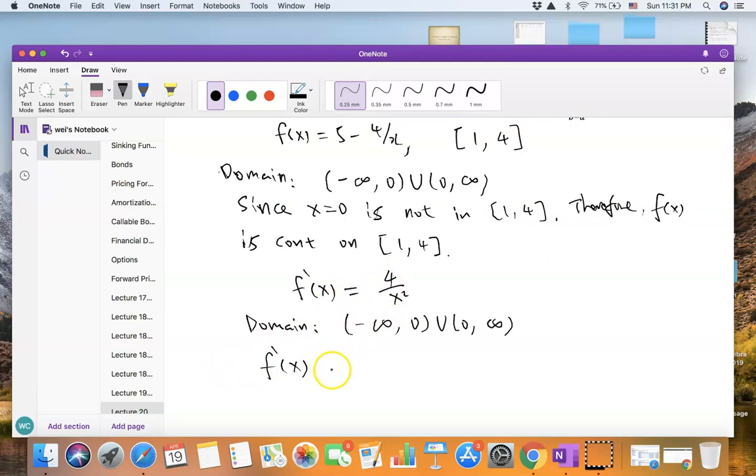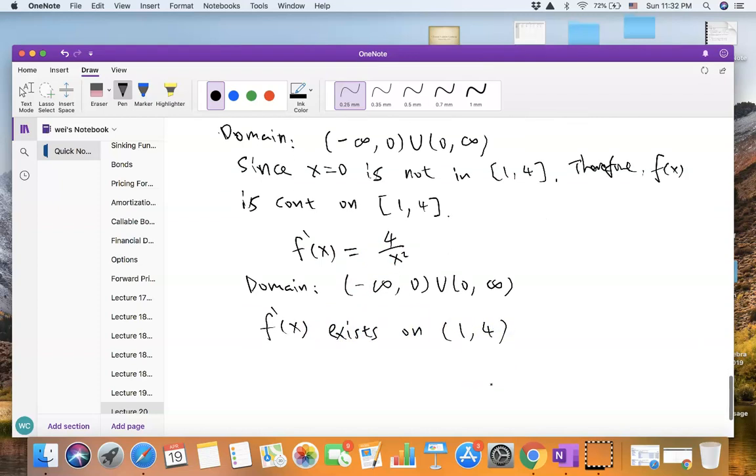this derivative function exists on the interval from 1 to 4, and because the derivative function exists, the function is differentiable on the interval from 1 to 4.